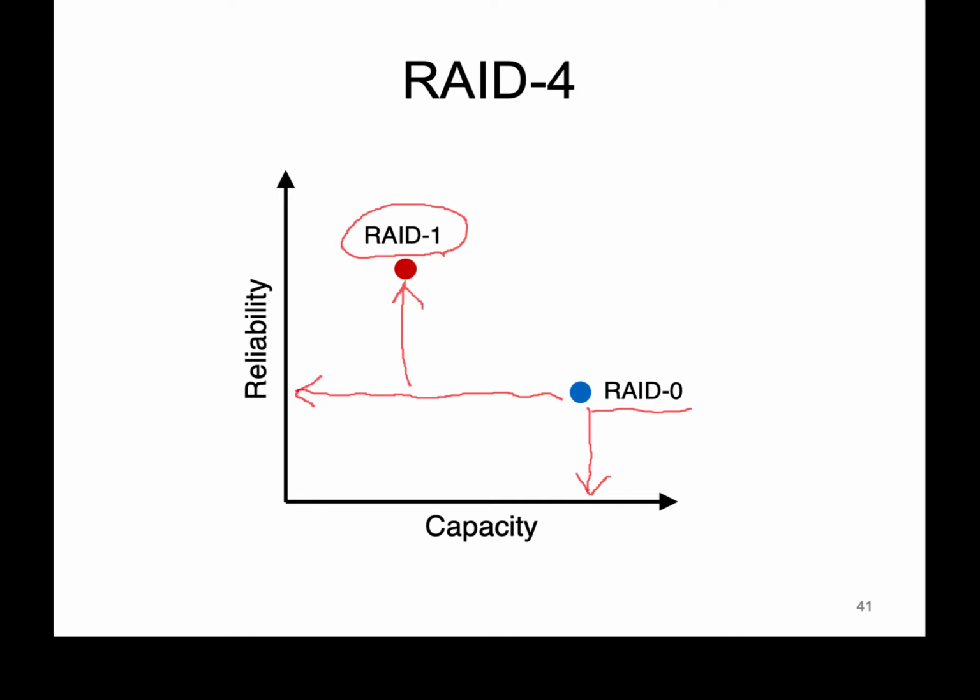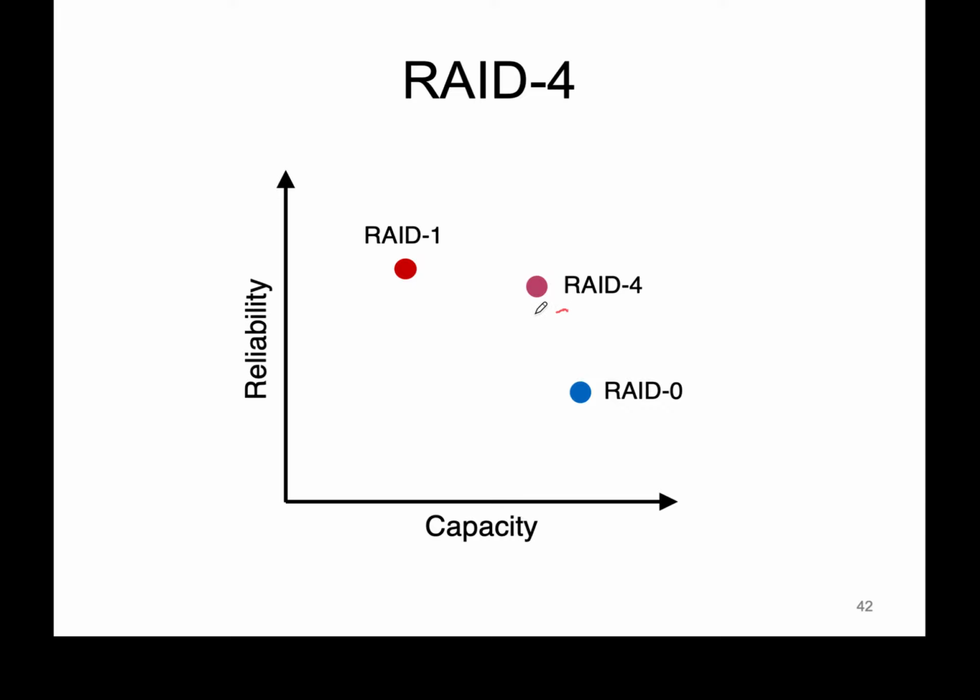It supports a replication factor of 2, meaning each data gets replicated twice, right? So it has a capacity which is smaller than RAID 0. And then we introduce the next configuration, which is called RAID 4, which basically tries to combine the best of both worlds.